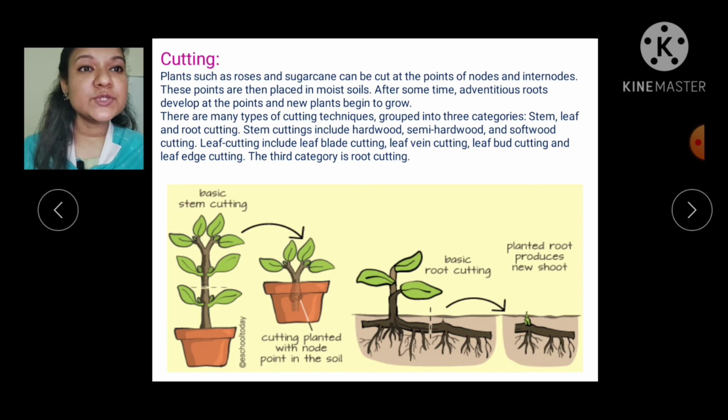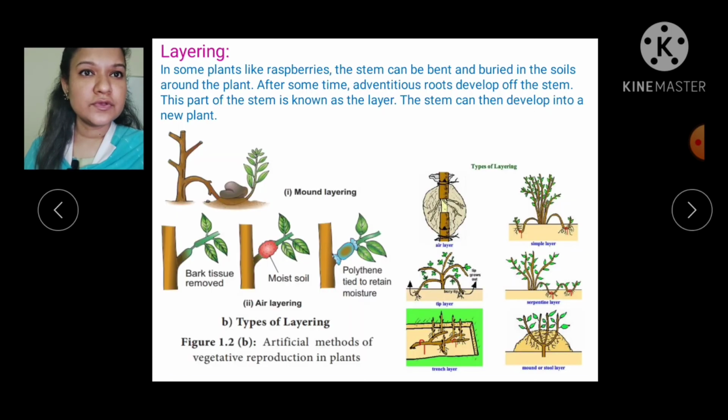Stem cutting includes hardwood, semi-hardwood and softwood cutting. Leaf cutting includes leaf blade cutting, leaf vein cutting, leaf bud cutting and leaf edge cutting. The third category is root cutting. Here you can see a picture of basic stem cutting, basic root cutting, and a basic planted root producing a new shoot.